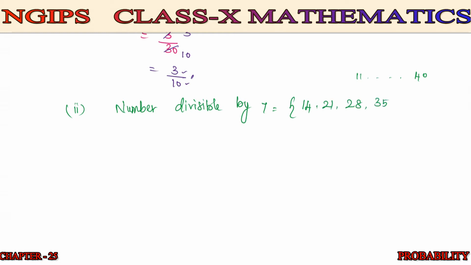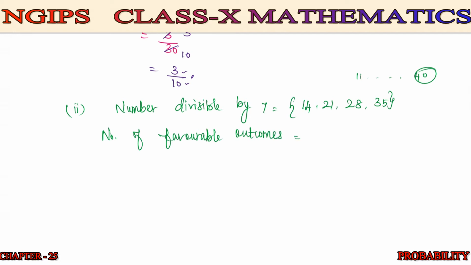It is more than 40, so I cannot take that value. So the number of favorable outcomes is, we have here how many numbers? 1 2 3 4, 4 numbers.